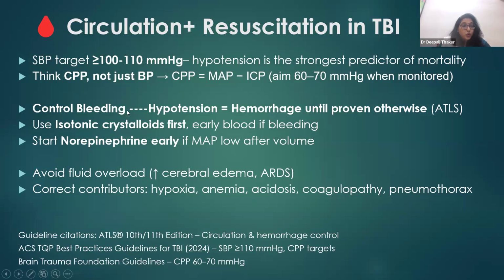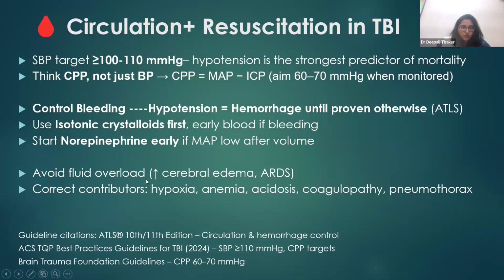Okay. Control bleeding, which is very essential because in trauma, hypotension is equivalent to hemorrhage until proven otherwise. So yes, your patient has traumatic brain injury, but if he's bleeding actively, you have to control it first, right? Give isotonic crystalloids as resuscitation fluid. Give blood if your patient is bleeding, and start noradrenaline early if your mean arterial pressure is falling below your targets.